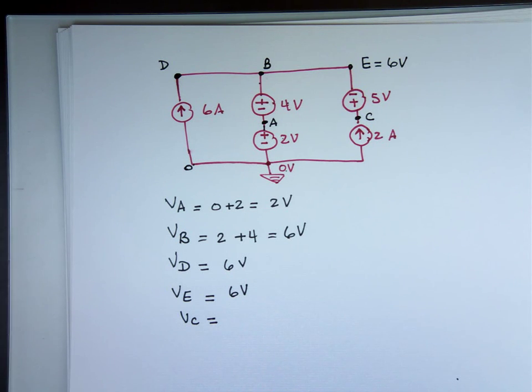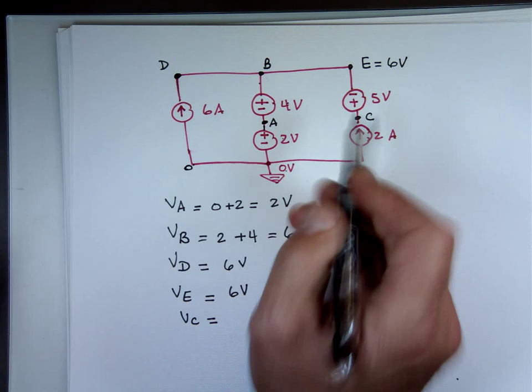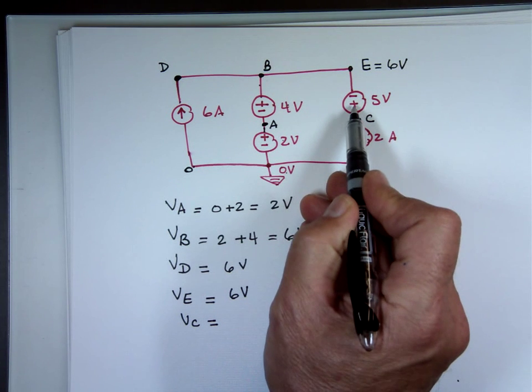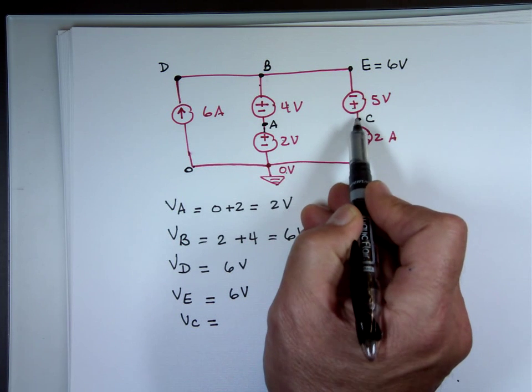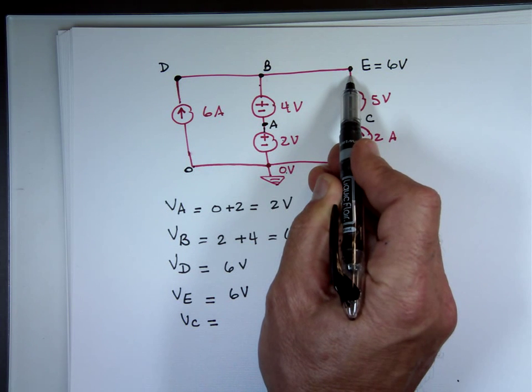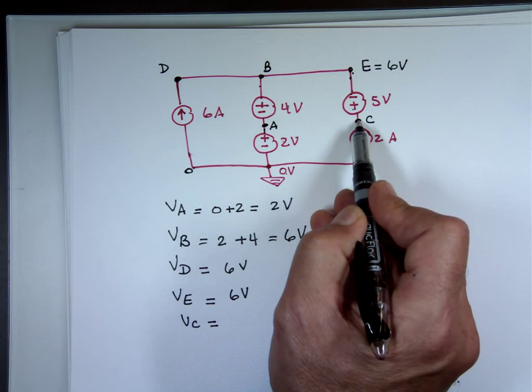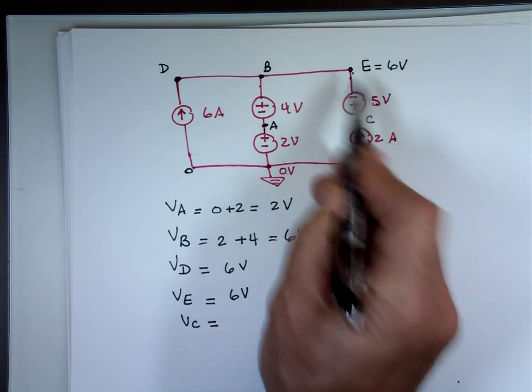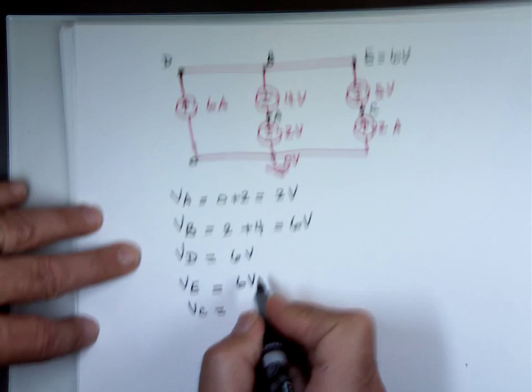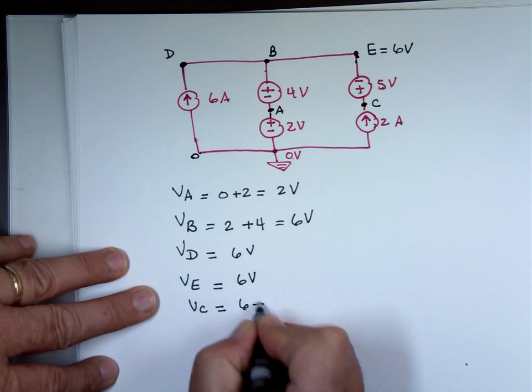Why? The way it's labeled, this end, that's the plus, this end is going to be 5 more than this. See the minus plus? This end is lower, this end is higher. This end is going to be 5 volts higher than this. So that will be the 6 plus the 5, which is 11 volts.